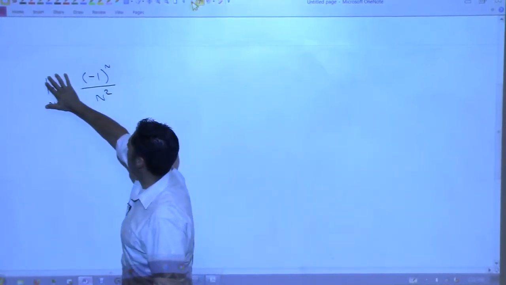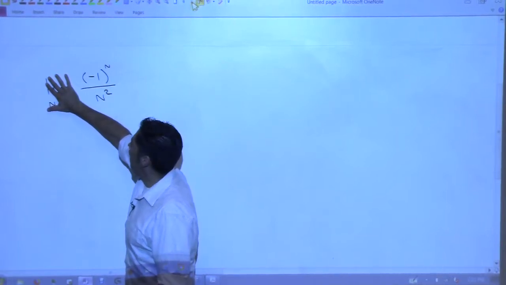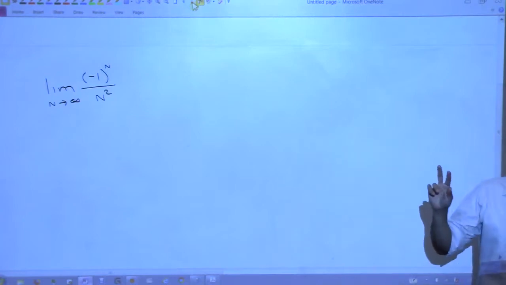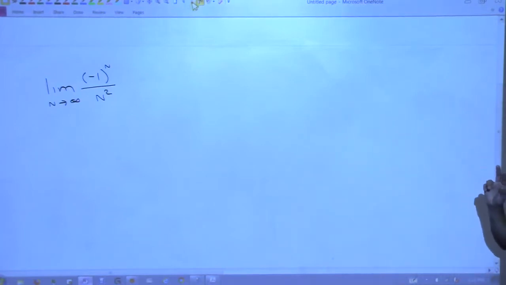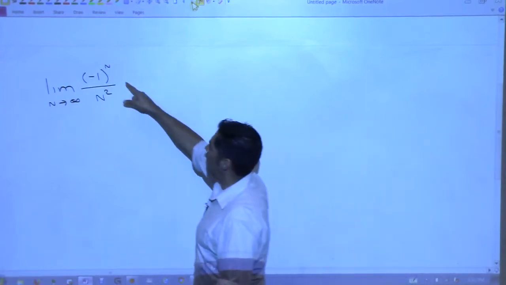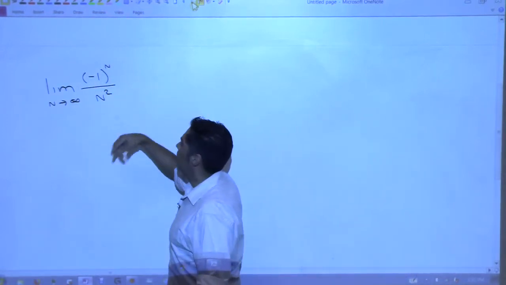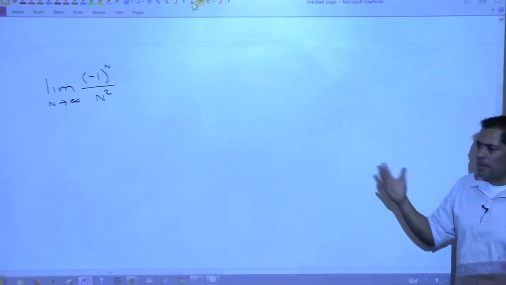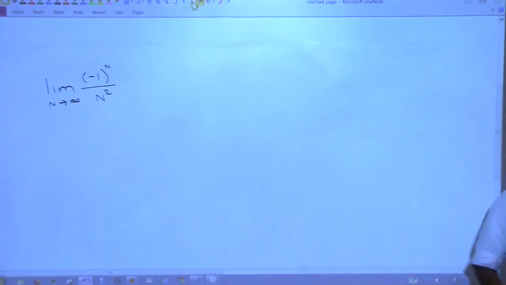Forget the limit. Because we have the -1 to the n, we call that an alternating sequence, right? So if we plug in 1, we would get a negative number, right? Plug in 2, we get a positive number, so on and so forth. So this thing keeps flipping back and forth between positive and negative numbers.